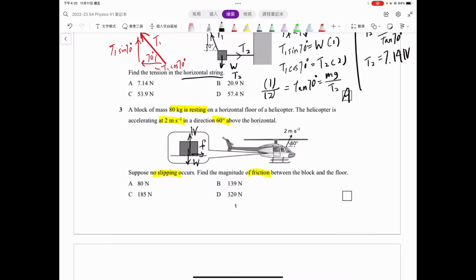The friction is equal to the net force in the horizontal direction, so it is ma cosine 60 degrees. 80 kilogram times acceleration 2 times cosine 60 degrees means the friction is 80 Newton. Here, A.